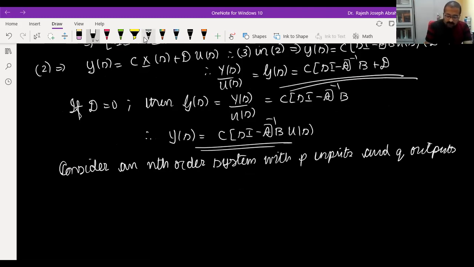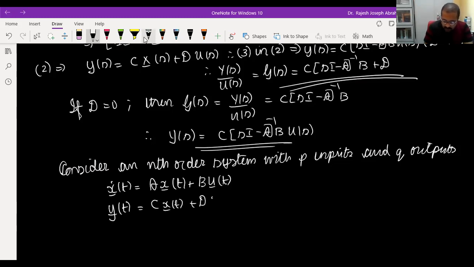Okay, so then our state space model is x dot of t equals Ax plus Bu, and now u is a vector here. Why? Because B will be a matrix and u is a vector. Okay, and similarly, y of t will be what? C into x of t plus D u of t.